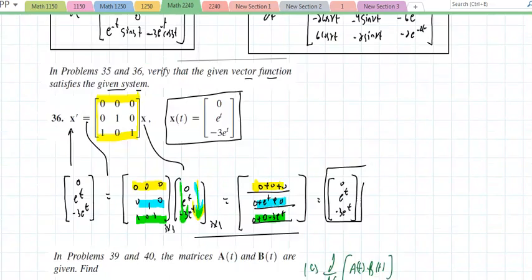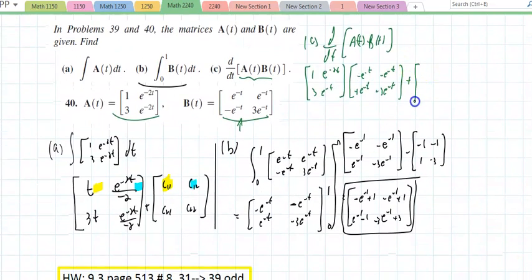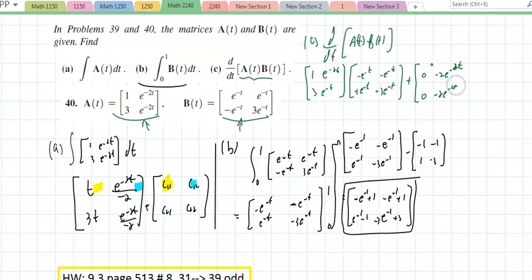derivative of A times B. Derivative of A would be 0, negative 2 e to the negative 2t, 0, and negative 2 e to the negative 2t, times B, which is e to the negative t, e to the negative t, e to the negative t, and 3 e to the negative t.